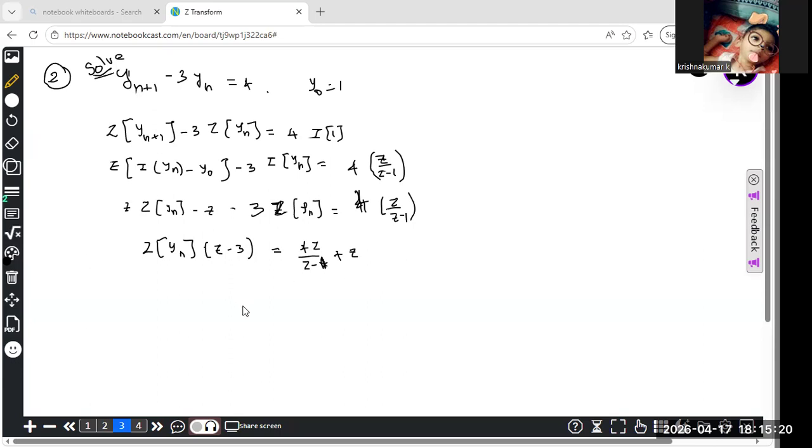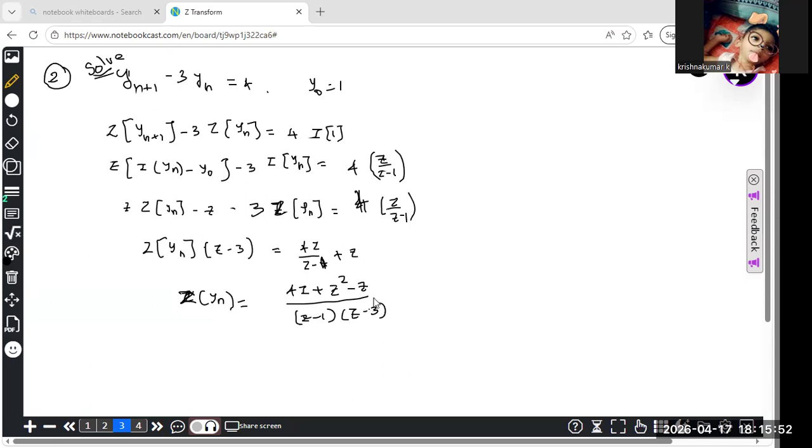Okay, so now you simplify this. If you simplify this, you can get Z transform of y(n) is equal to 4z plus, if you multiply this with this, z square minus z, whole divided by z minus 1 into z minus 3.